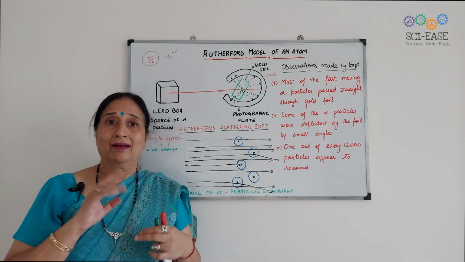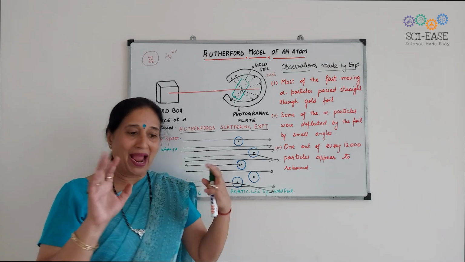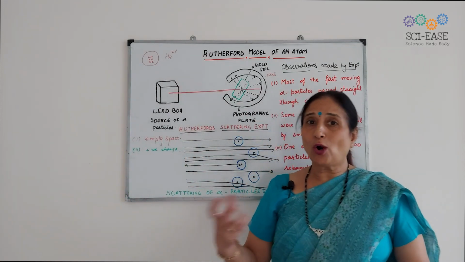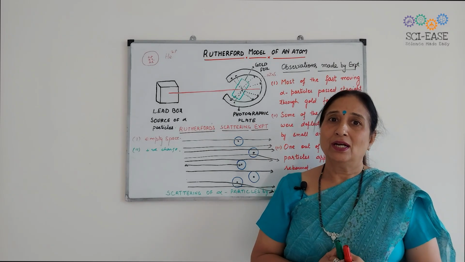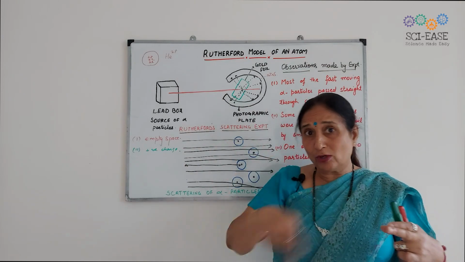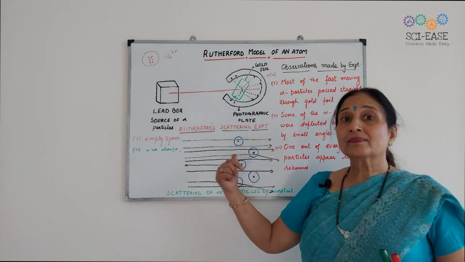Now, still, there are some drawbacks in Rutherford's experiment. According to Rutherford, he said that electrons are revolving around the nucleus.